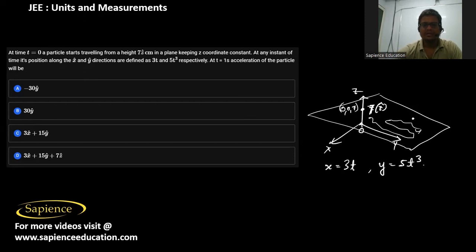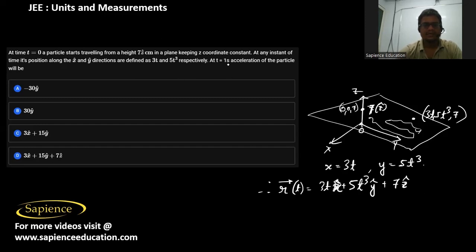So at any instant it is located at 3t, 5t cube, 7. It means the position vector at any time t is equal to 3t x cap plus 5t cube y cap plus 7 z cap.